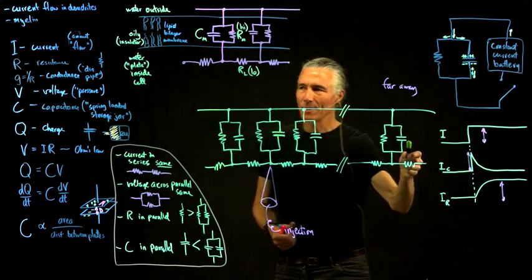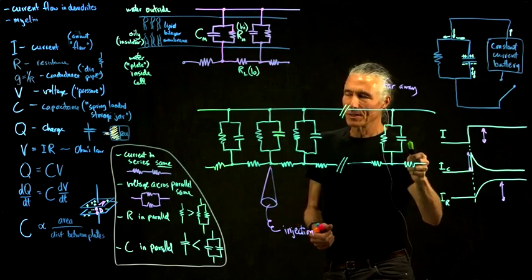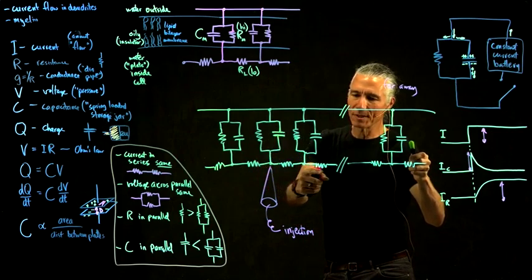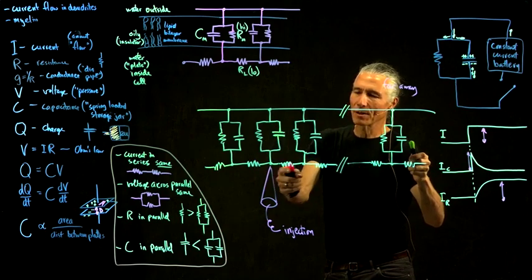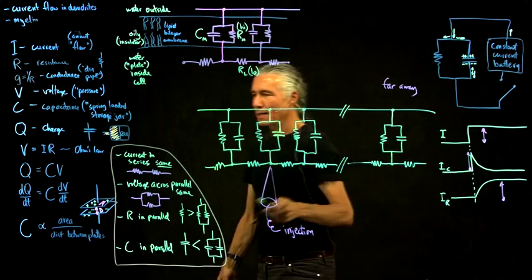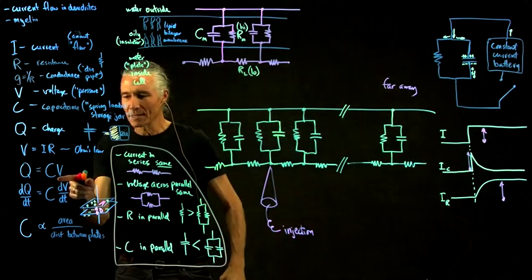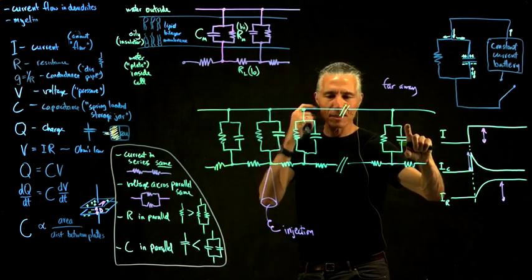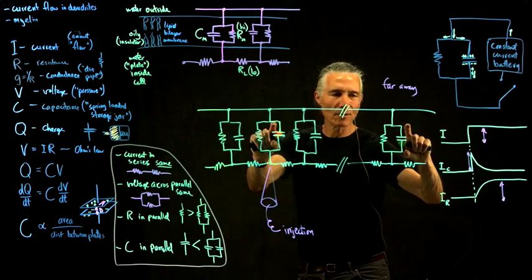But this one down here won't be as charged. Why not? Because the current has to flow through these resistors, and when the current flows through a resistor, the pressure gets less and less. So the voltage across this capacitor is going to be smaller than the voltage across this capacitor. This guy won't get charged as much.